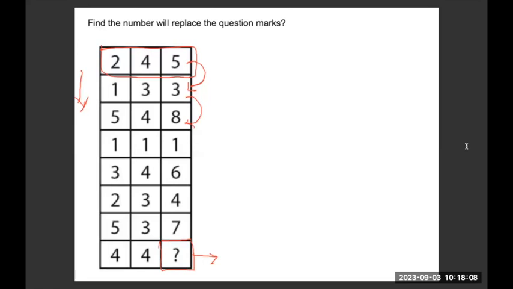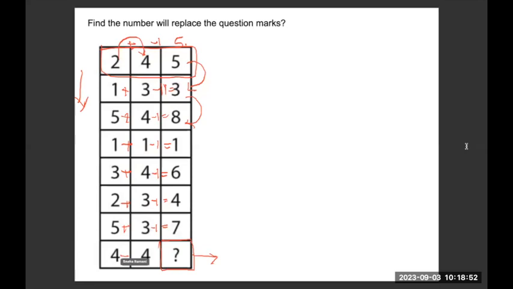Now, if I observe the pattern which is happening: 2 plus 4 is 6, minus 1 is 5. 1 plus 3 is 4, minus 1 is 3. 5 plus 4 is 9, minus 1 is 8. 1 plus 1, 1 plus 1, 2, minus 1 is 1. 3 plus 4, 7, minus 1 is 6. 2 plus 3, 5, minus 1, it is 4. 5 plus 3, 8, minus 1, which will be 7.